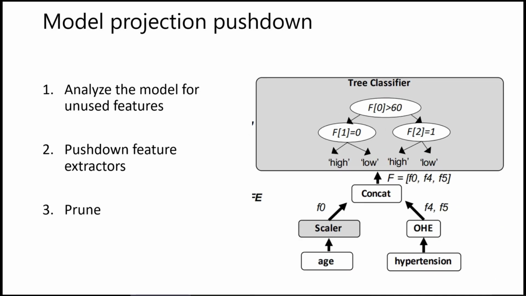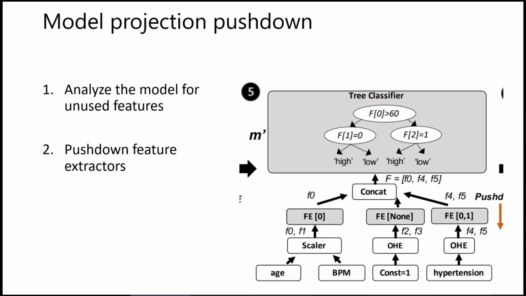And once we get to the bottom, we can prune out the inputs that are not selected by these feature extractors. So in this case, features 2 and 3, and basically this whole branch isn't selected by the feature extractors, and so that gets pruned out.